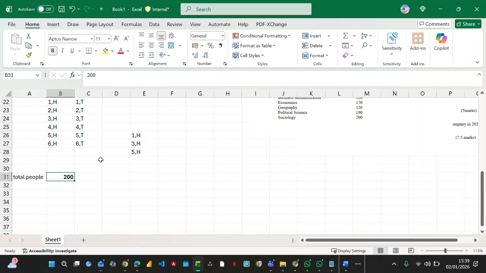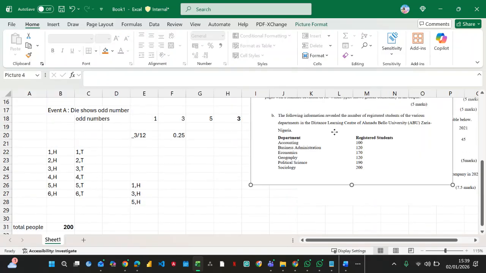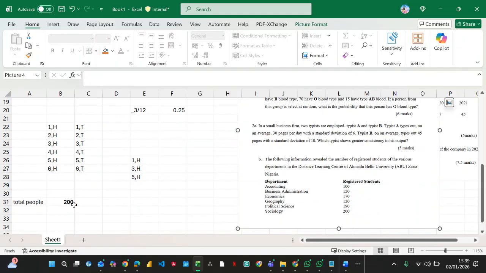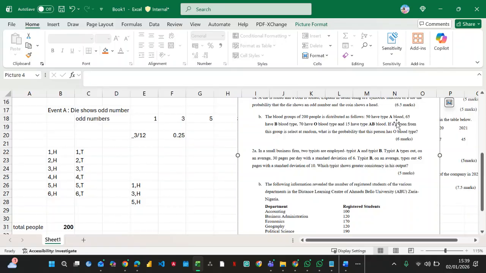The total number of people is 200, right? So the total people is 200. And the question said the 200 people's blood test is distributed. 50 people have A.